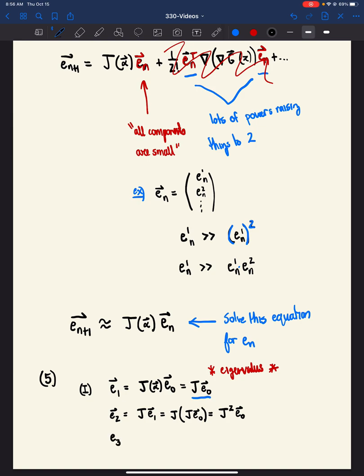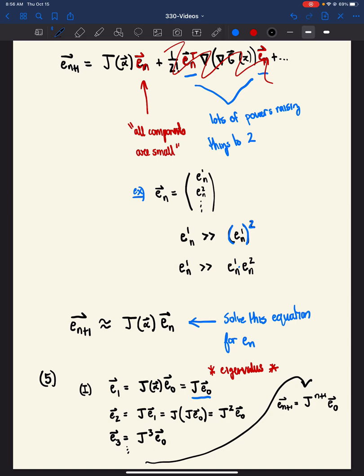If we did that for the third term, by doing the same iteration process, we get the Jacobian cubed times the original error vector. And we could keep doing that. In fact, if we kept doing that, what we would eventually see is that the n plus first error is equal to J raised to the power of n plus 1 times the original error vector.